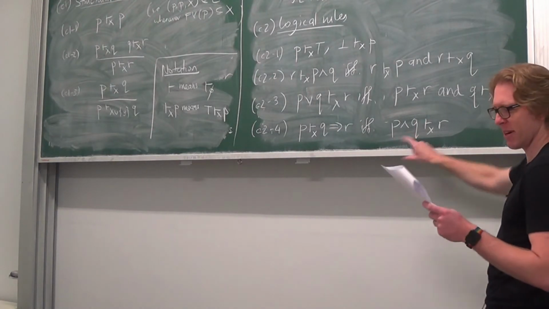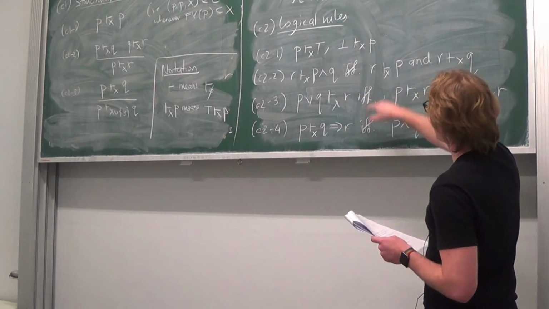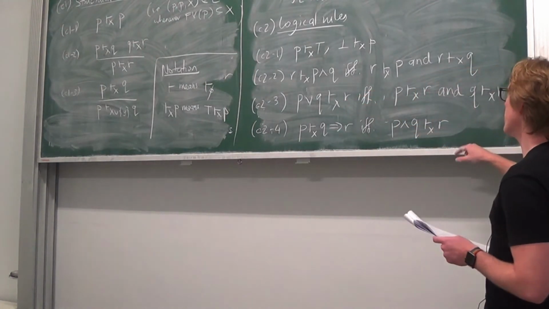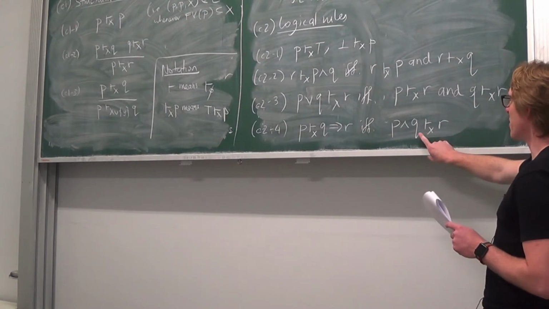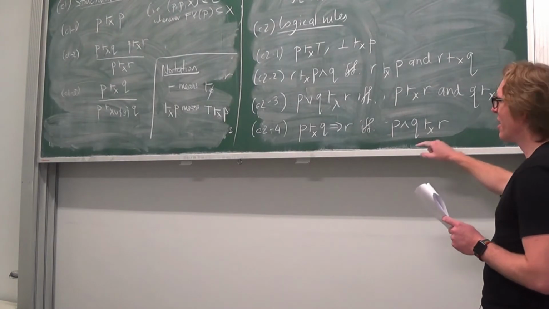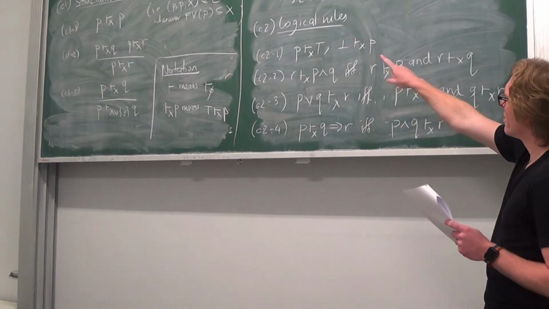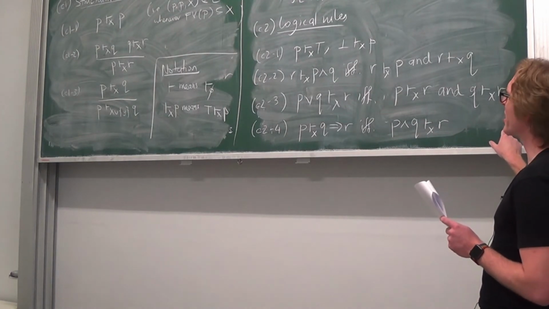One of them is sort of clear, I guess. I want to use this to be able to get that. I could do it if I knew true implies P, but I can't even get that.